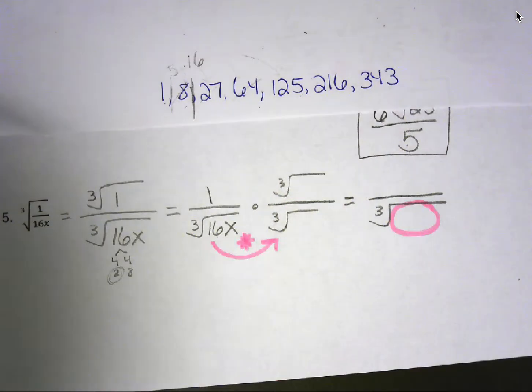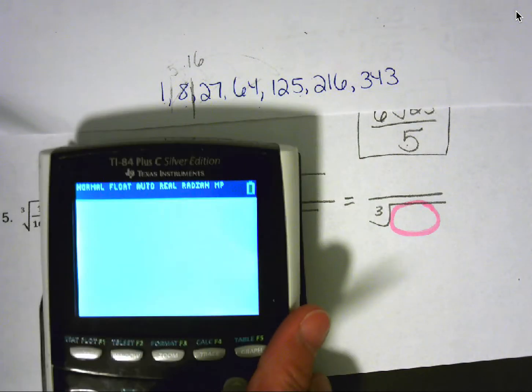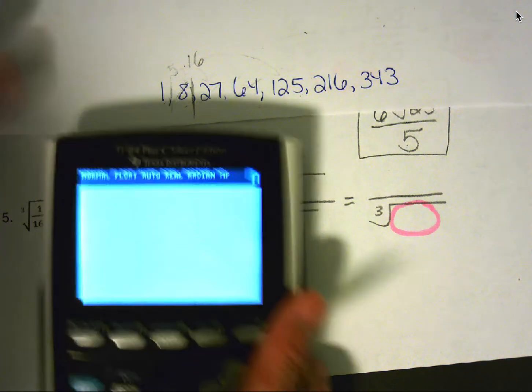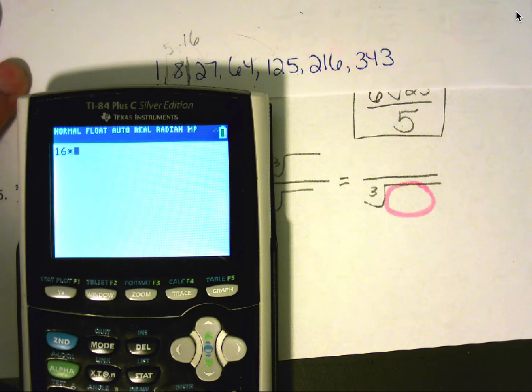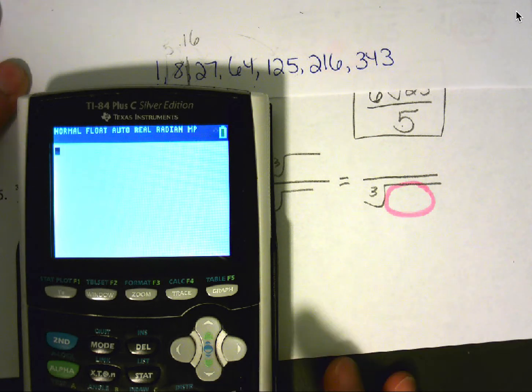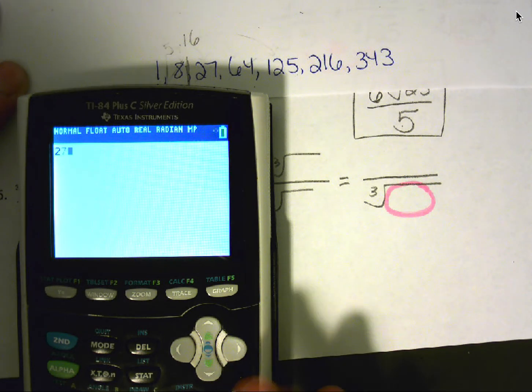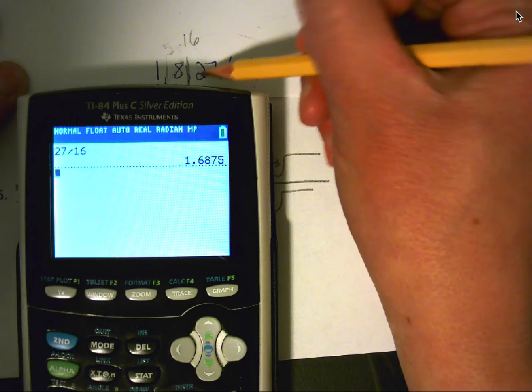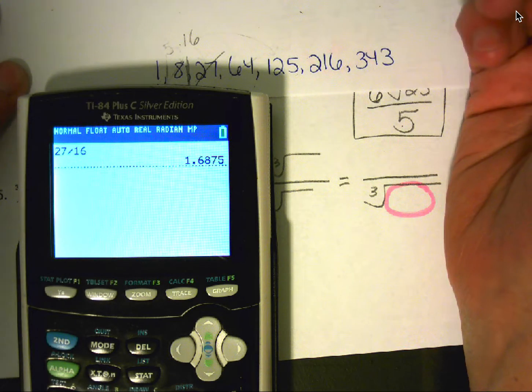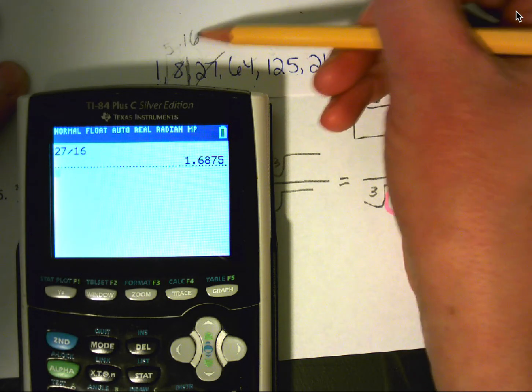Now, I don't really think there's anything I can multiply 16 by to get to 27, but maybe I'm just not sure. So instead of trying a whole bunch of combinations, sometimes it's easier to just go 27 divided by 16. And if it comes out a decimal, then you know that's not an option. So again, 16 times what?